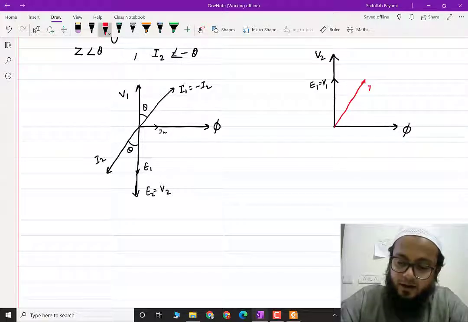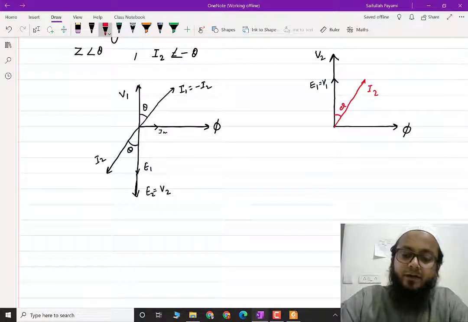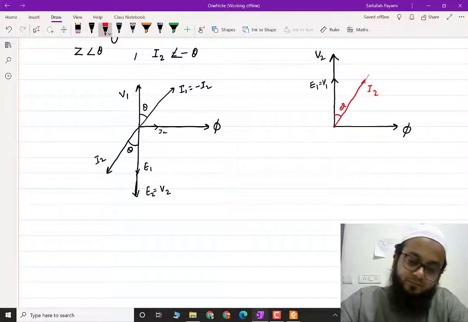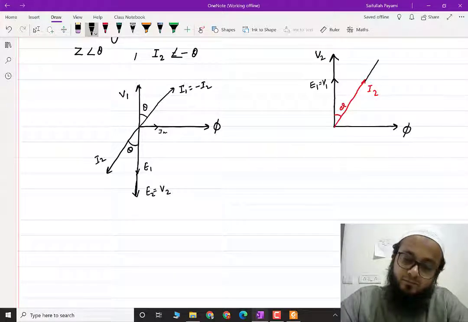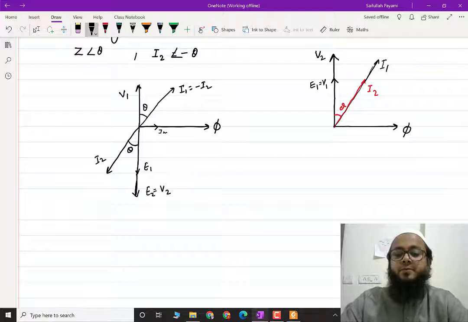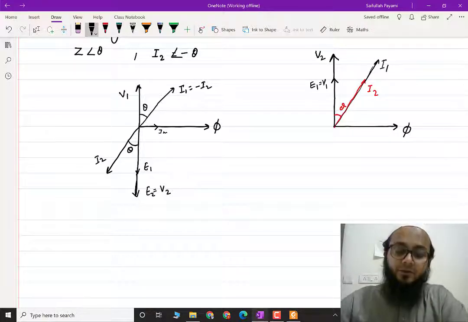So this is your I2 here at an angle of theta, lagging the secondary voltage V2. So if voltage is higher on the primary side, the current would be higher. So I1 would be here. Okay, this is fine. So we will stop here.